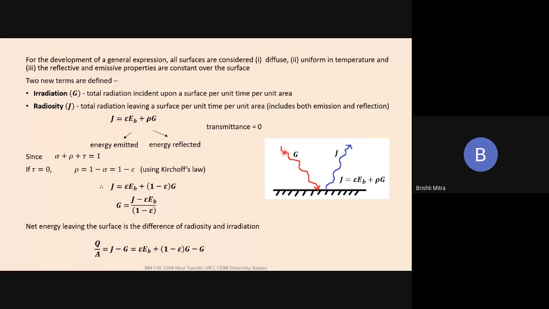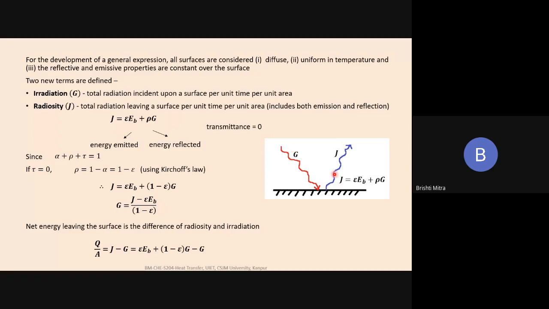I have shown it by this red line: whatever radiation is falling on a surface is known as irradiation. From wherever it comes, irradiation essentially means the amount of radiation falling on the surface per unit area per unit time, and it is denoted by the letter G.